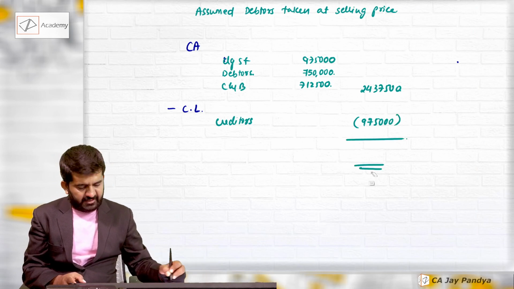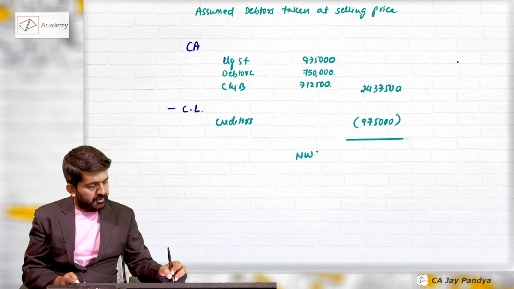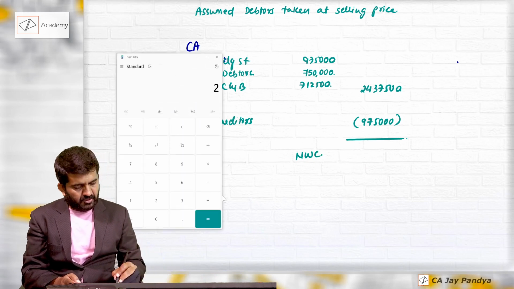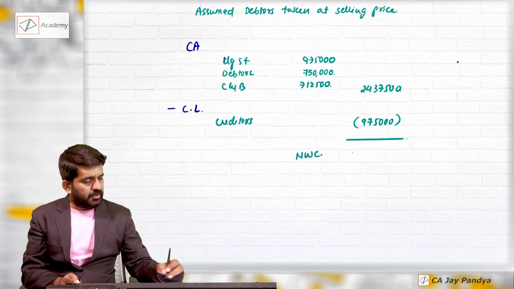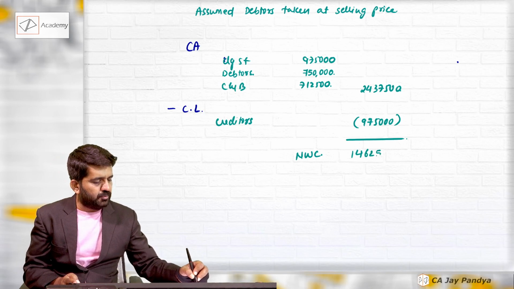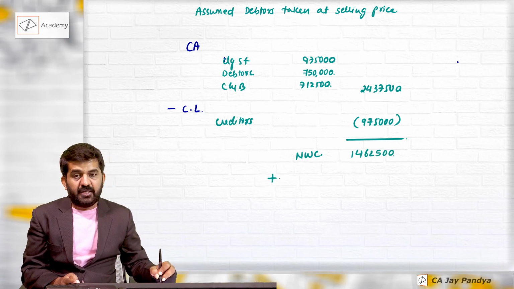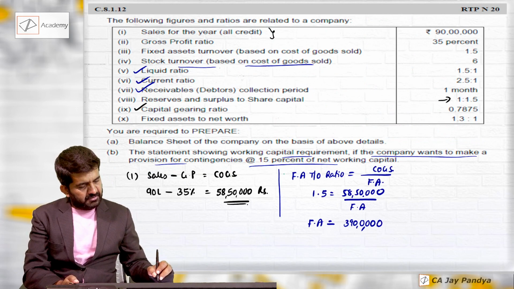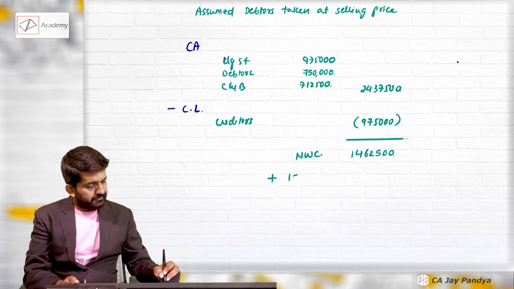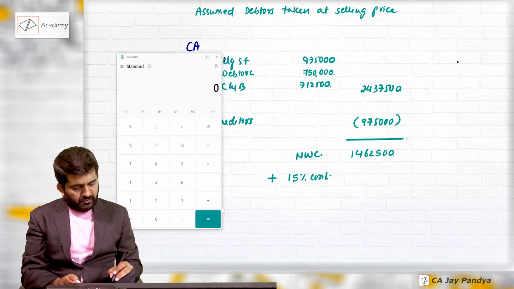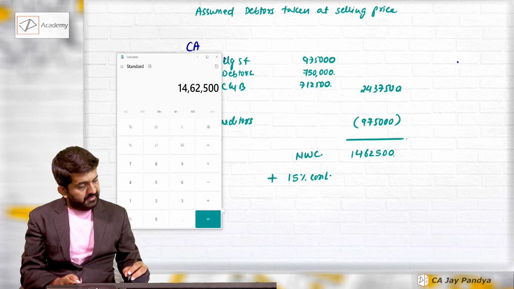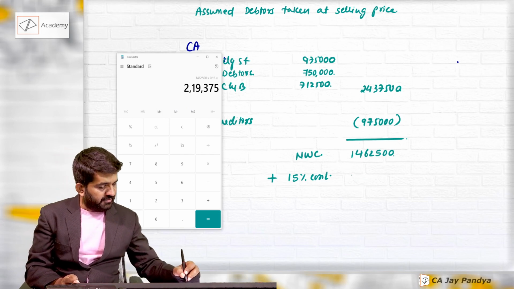I will be getting net working capital: 24,37,500 minus 9,75,000, 14,62,500. 14,62,500 plus how many percent contingencies? 15%. 14,62,500 into 15%, 2,19,375.